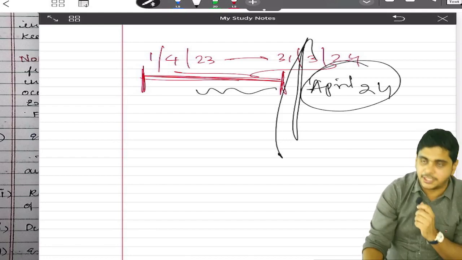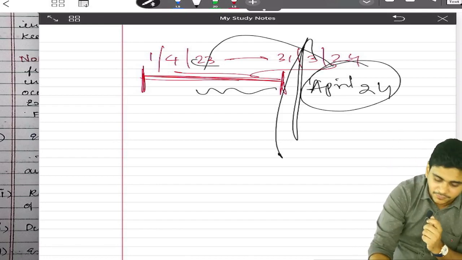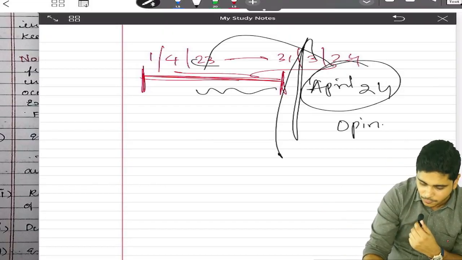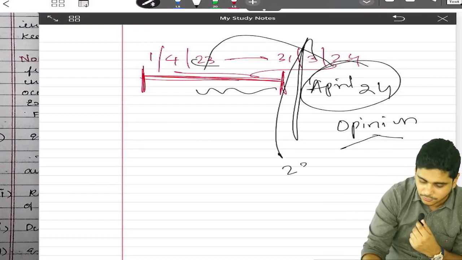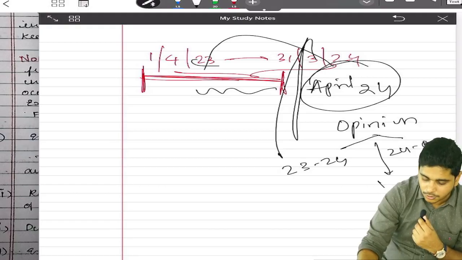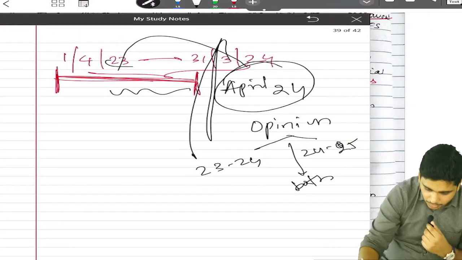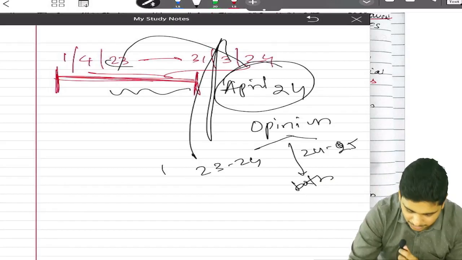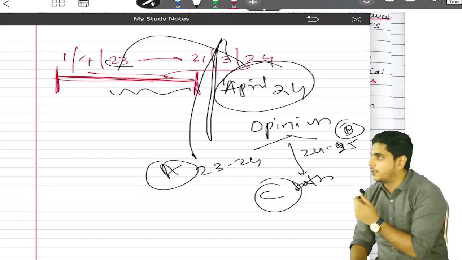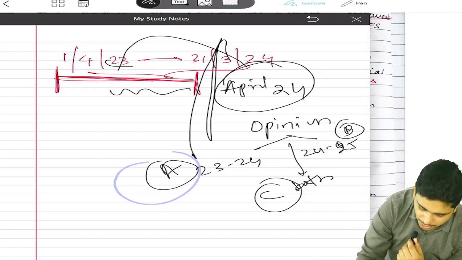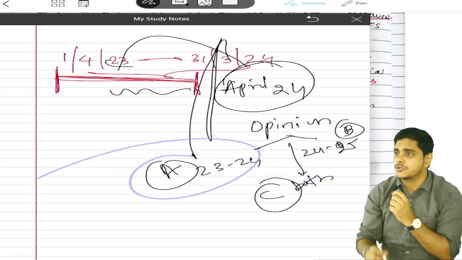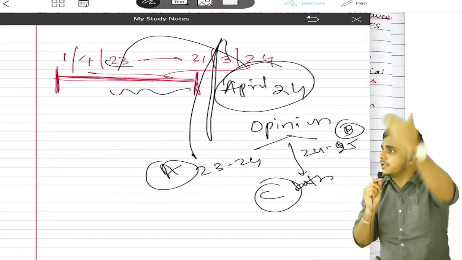When I am checking the data in April, of the previous year, I am giving an opinion on financial statements of 23-24 or 24-25 or both? I'll write here, this is A, this is B, this is C. When I am giving the audit report, I am giving opinion on A, B or C. You are giving on what? A. So you check in the current year the data of the previous year.